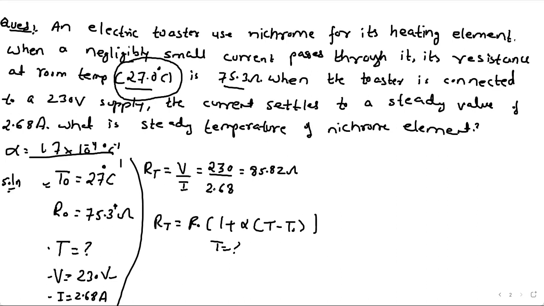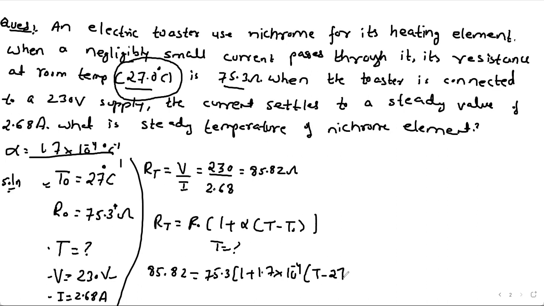Okay, I'm calculating now. If you substitute all values here, then your R T is 85.82. R naught is 75.3, 1 plus alpha, that's 1.7 into 10 raised to the power of minus 4, into T minus T naught.